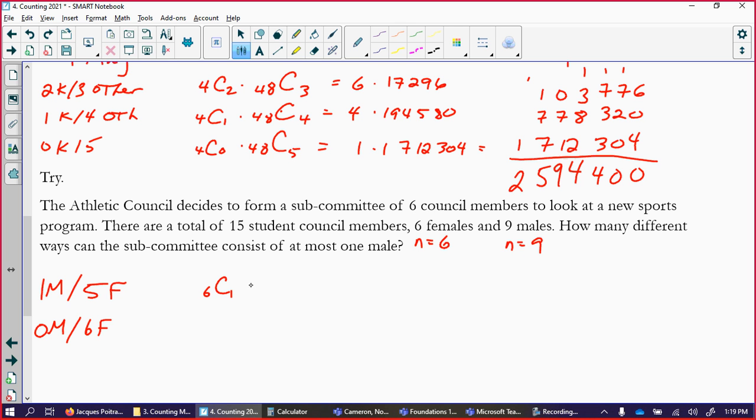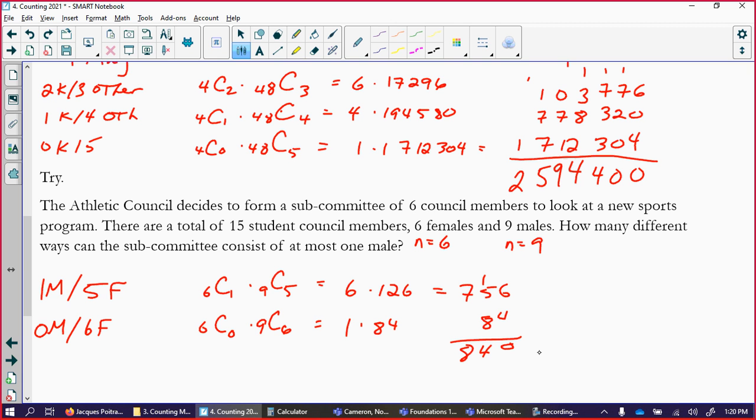So 6 females, 9C5 for the one male case, and 9C6 for none. 126 times 6 is 756. 9C6 is 84. Add them: 840 committees. Technically subcommittees.